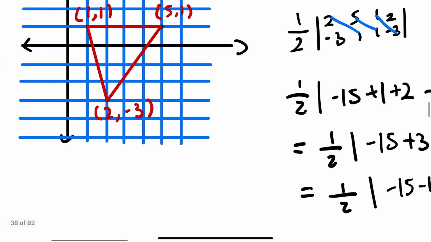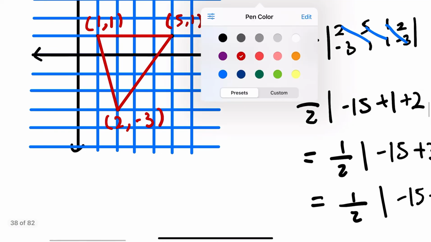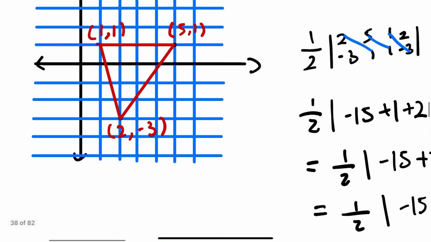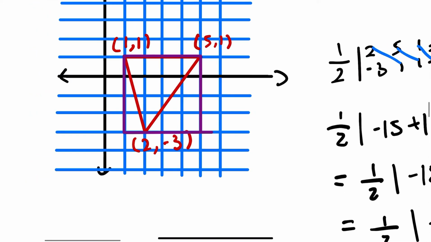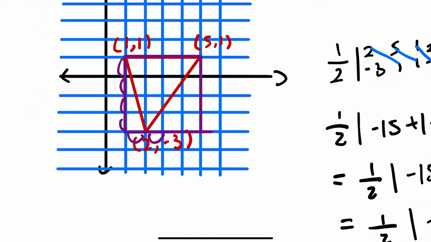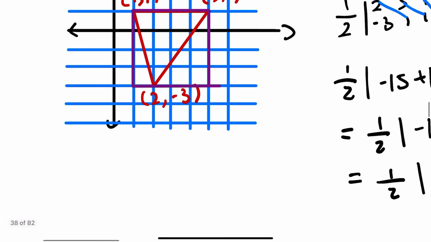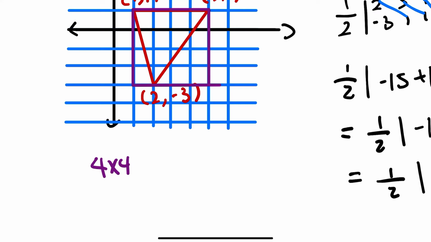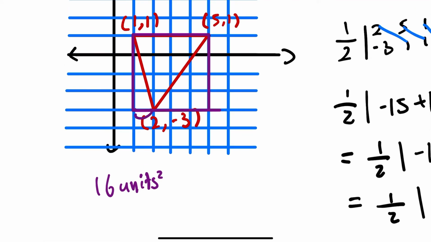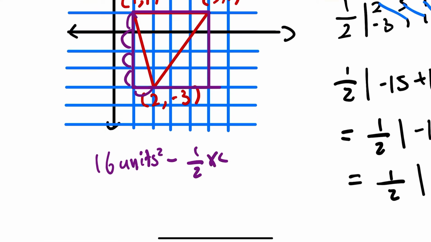Okay, now let's try to find the area without using the shoelace formula. So here we can see 1, 2, 3, 4, 1, 2, 3, 4. Right, so 4 times 4 is the square, so we have 16 units. Now we have 1, 1, 2, 3, 4, so something like that.